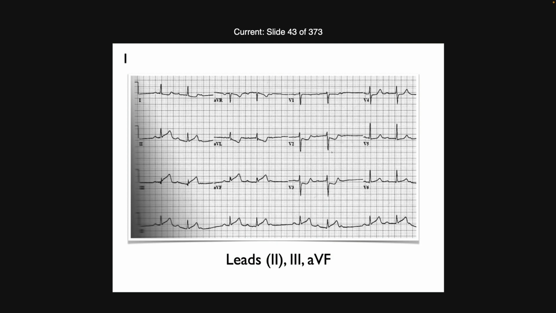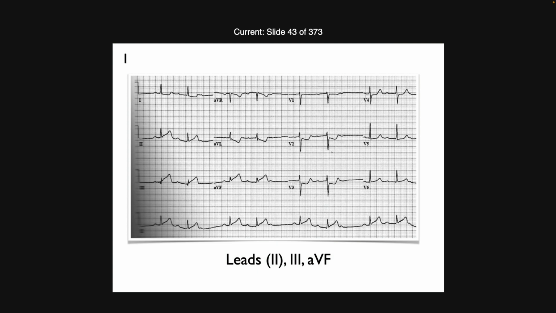By the way, what's the rhythm? Yes, Mobitz type 1, second degree type 1. A good thing to know is that with the inferior STEMI, the artery that feeds the AV node comes off of the right coronary artery.